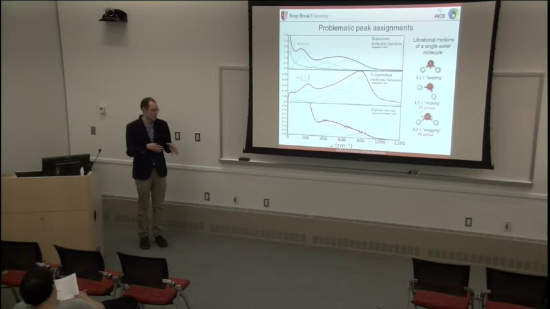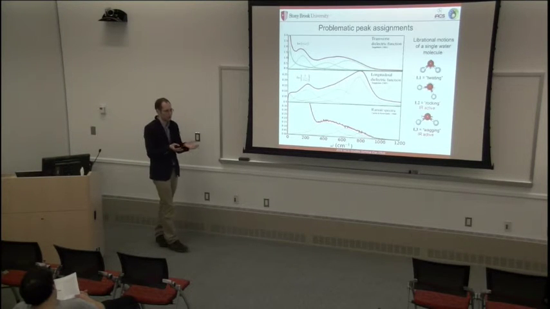But what we're saying here is that they're actually propagating modes which can travel over fairly large distances. 2 nanometers may not sound like a large distance, but there are hundreds, perhaps even 1,000 molecules in a sphere of radius 2 nanometer.